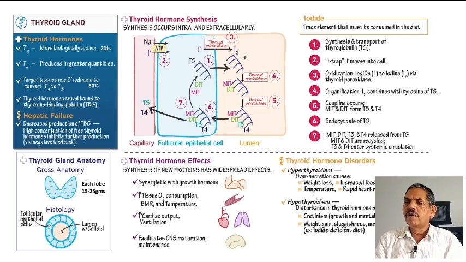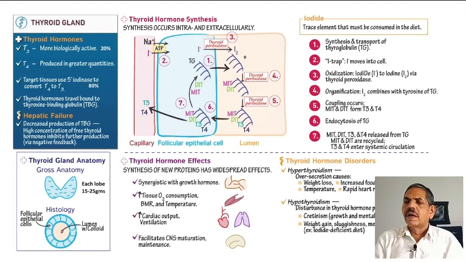This molecule will be endocytosed again into the follicular cells, and from this combination, the T3 and T4 will be removed by the action of a protease enzyme acting on this thyroglobulin attached molecule, and this free T3 and T4 will be circulating there in the blood along with the thyroid binding globulin.